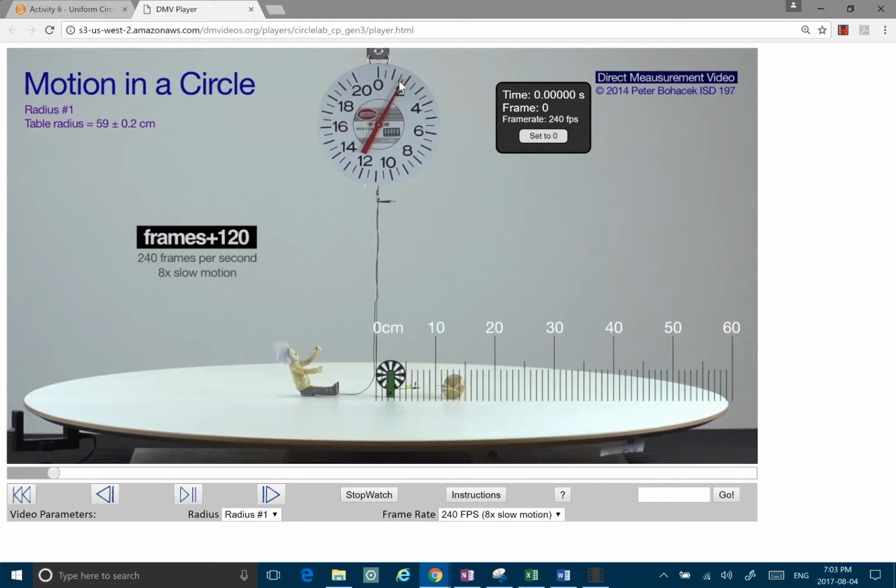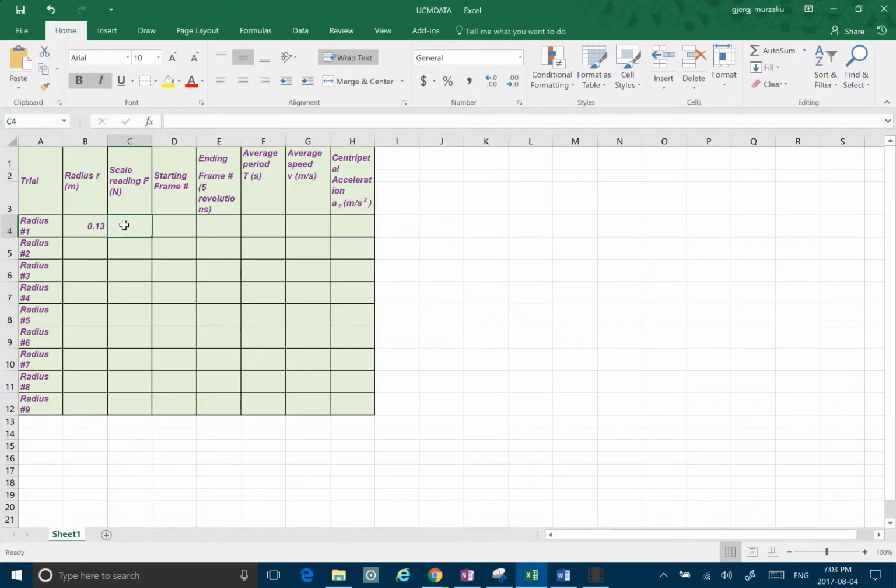It's closer to the half than to the 2, so it's 1.7. That's going to be part of your error discussion, by the way, the spring scale, right? So 1.7, starting frame 0, and now we do 5 revolutions.